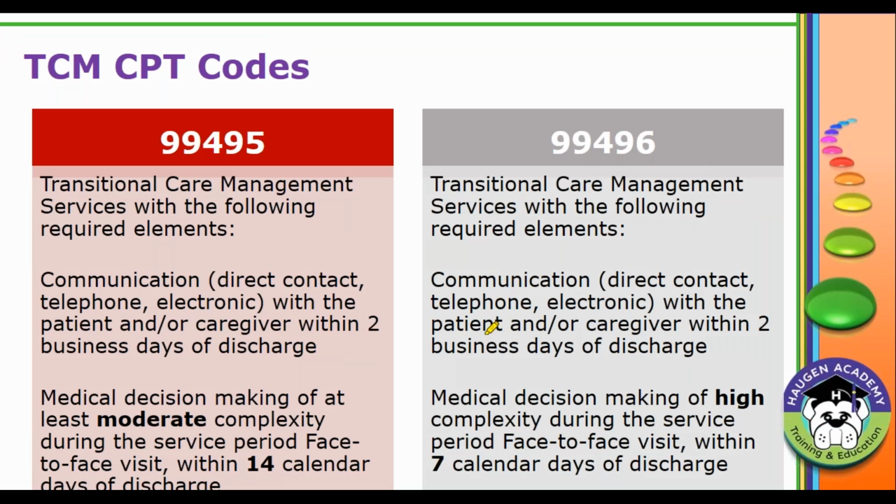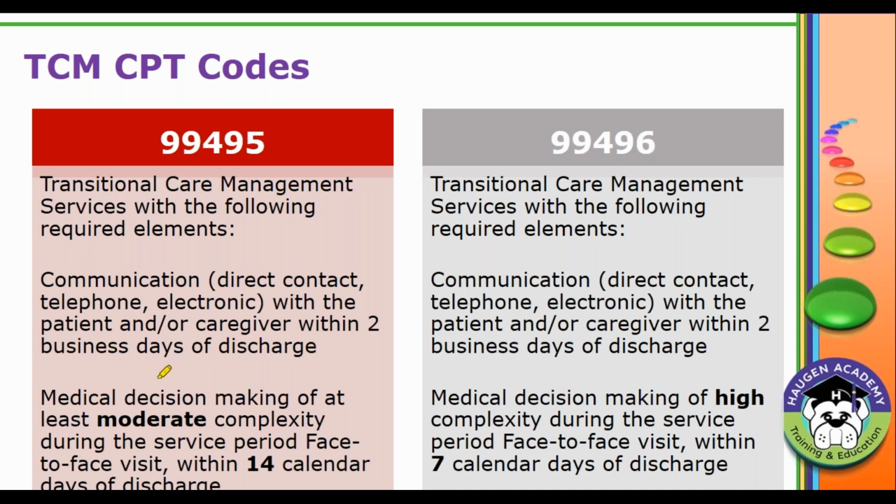They're both going to involve communication that can be direct contact, telephone, or electronic, referred to as interactive communication or initial communication, and that has to be within 2 business days of discharge. That's the same for each of the 2 codes. So 99495 and 99496 both have that requirement.